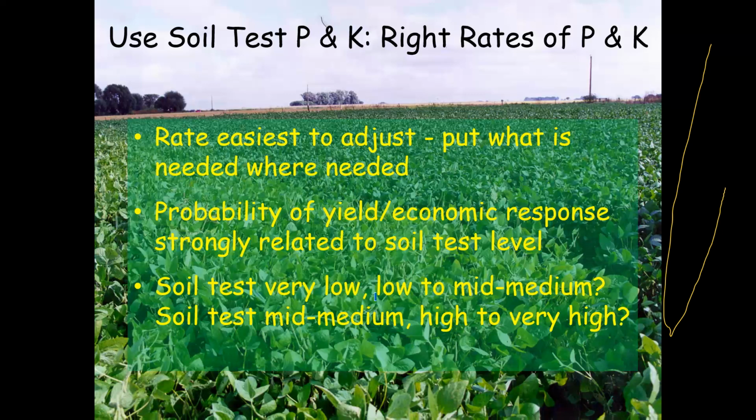When the test is low, or low to mid-medium, you have a pretty good probability of an economic response. When the soil test is mid-medium, high, or very high, you have a lower probability, to the point where you might decide not to apply fertilizer at all.